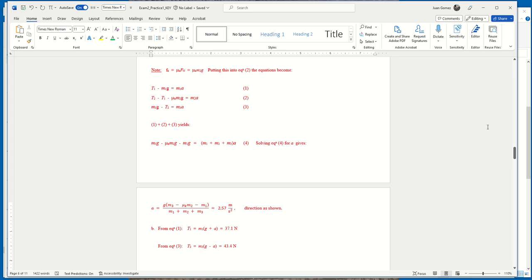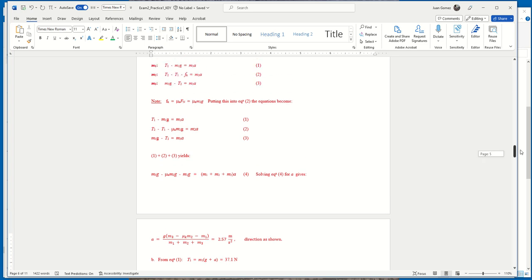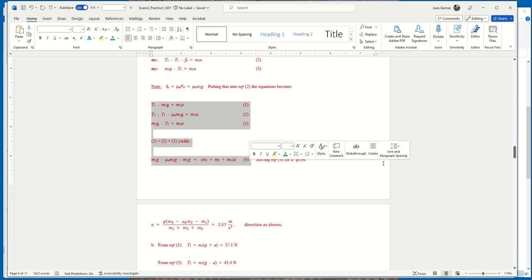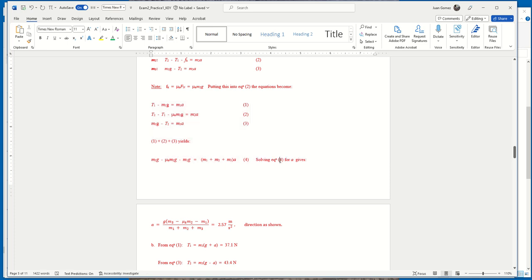That's it. But again, you want to make sure that you're not confused by what I did in this algebra here, how I got equation 4 when I added equations 1 plus 2 plus 3. Nothing complicated. You just add left plus left plus left equals right plus right plus right.